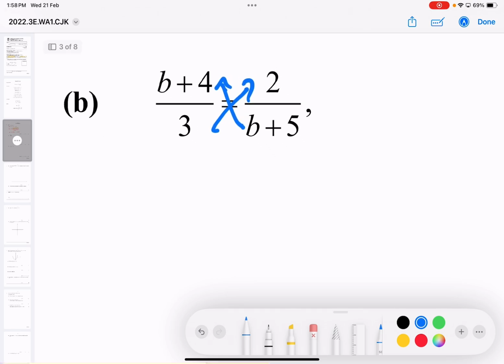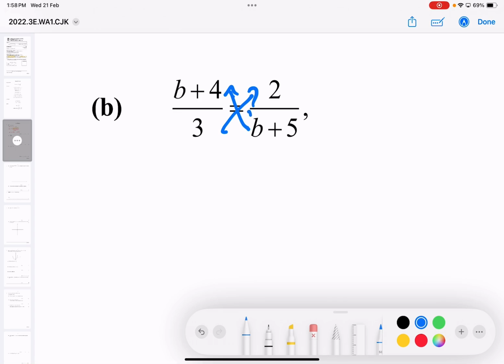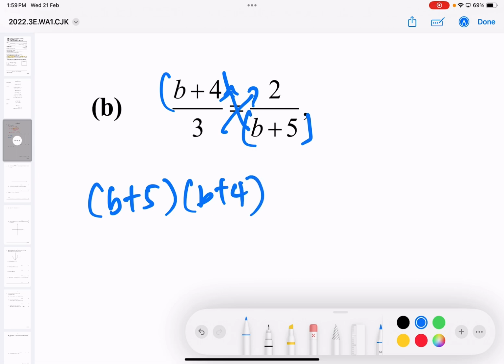Okay, so when we cross multiply, we multiply from the bottom up. Be very careful. If you have more than one term, make sure you put brackets around it. So here you're going to get B plus 5 times B plus 4 is equals to 2 times 3.